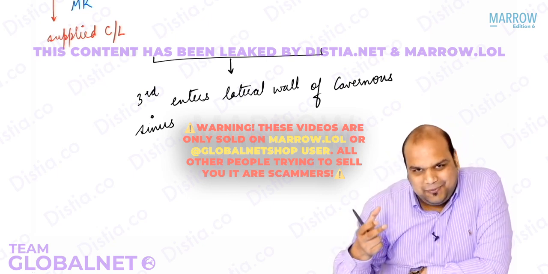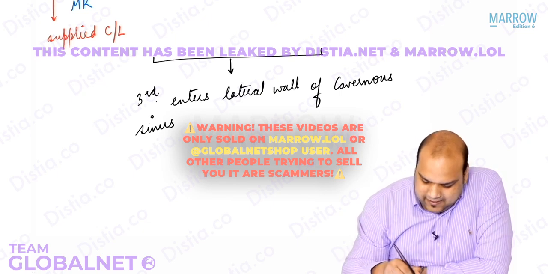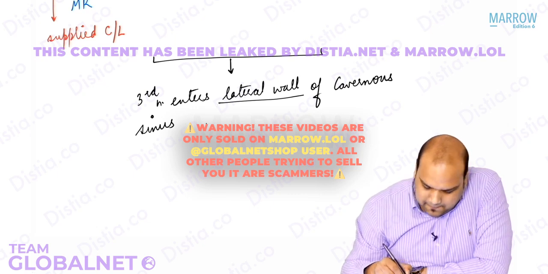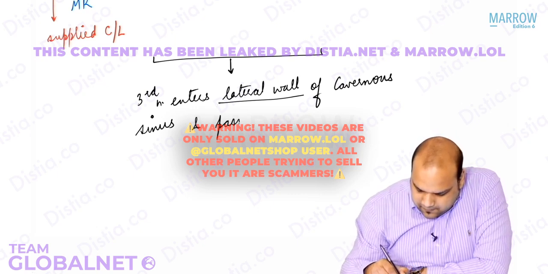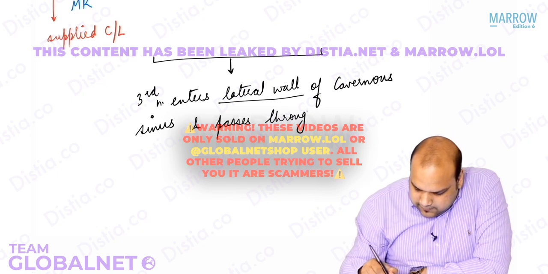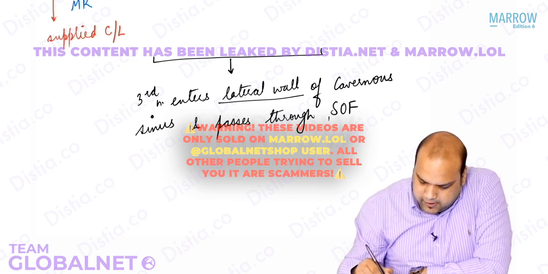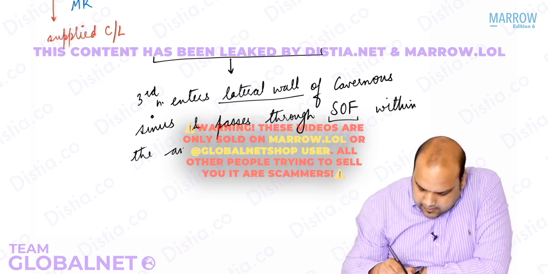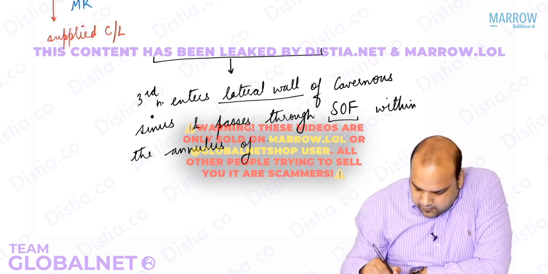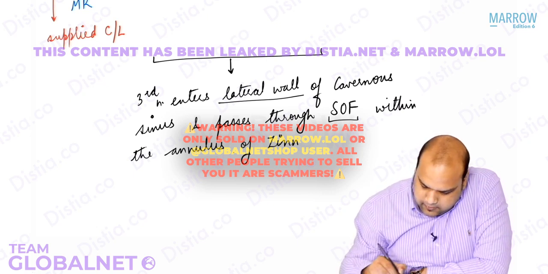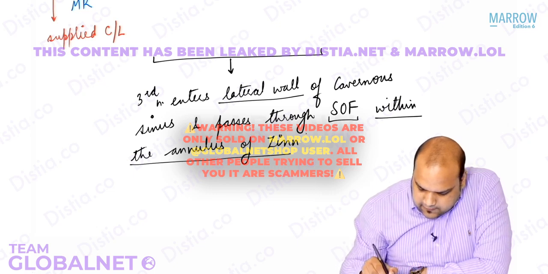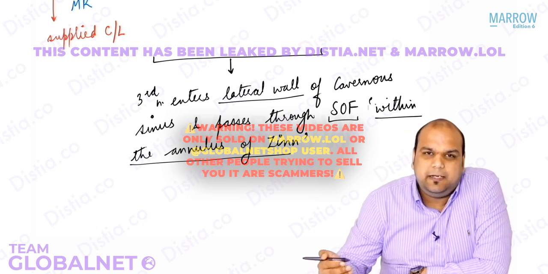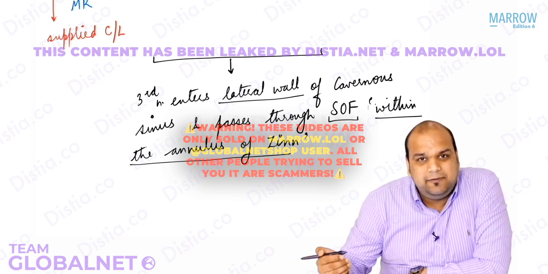Restricting myself to ophthalmology. The third nerve enters the lateral wall of the cavernous sinus and passes through the superior orbital fissure, SOF, within the annulus of Zinn. Okay, everybody? So within the annulus of Zinn. So these are certain simple points of anatomy that are used as MCQs. I just have told you those.